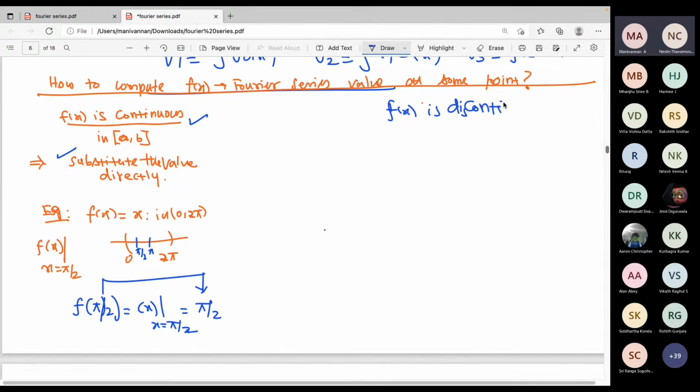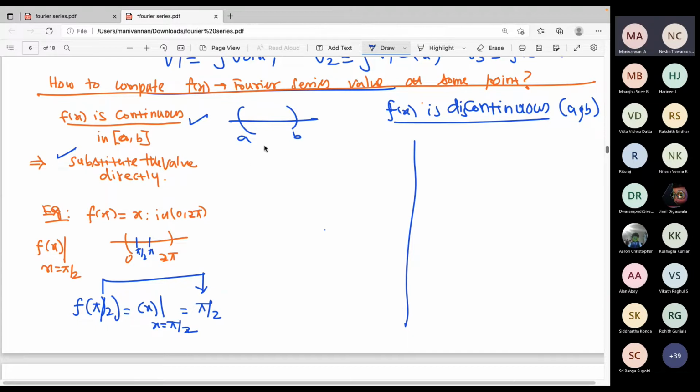Meaning that in this interval a to b, it is defined on something like an open interval, or even a closed interval, but the end points are not considered.